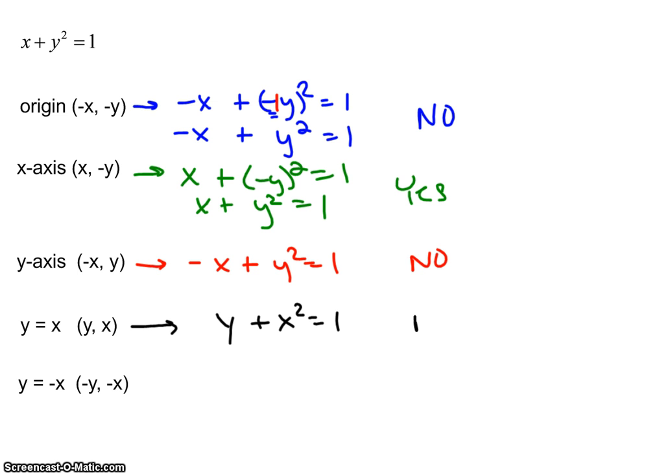When your two variables have different exponents, you're not going to have symmetry. Okay? And the same thing's going to happen here. Even after I square, I'm not going to be able to change my y to a y squared and my x squared to an x. So we don't have symmetry there.